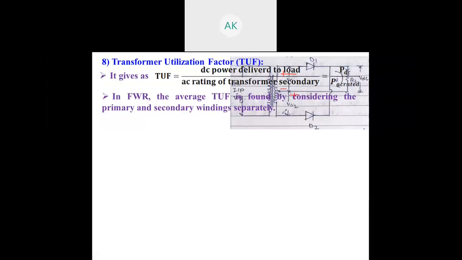Similarly, this is positive and this is also negative. So during the positive half cycle, for the interval of the transformer secondary input 0 to pi, this diode is forward biased, so it behaves as a closed switch.